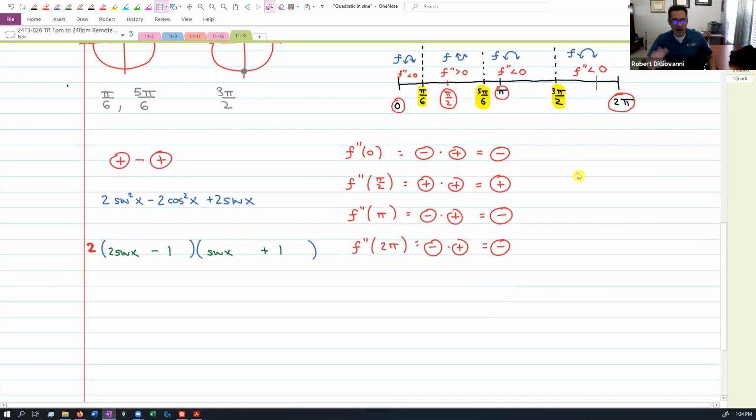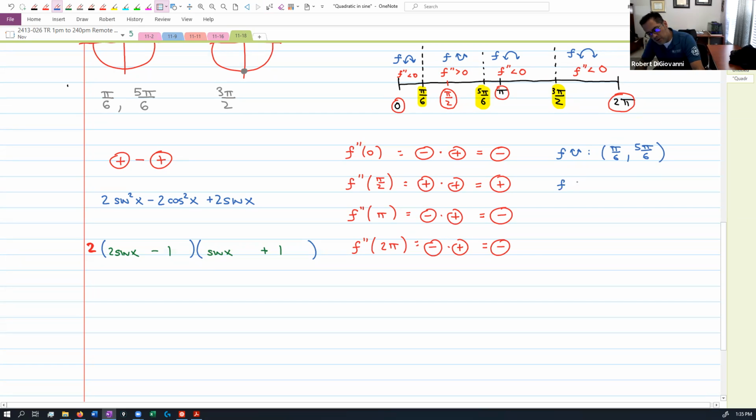So for this one, I'll actually write the answer down, like what our conclusion would be. Our original function is concave up only between pi over 6 and 5 pi over 6, right, between the two critical numbers.